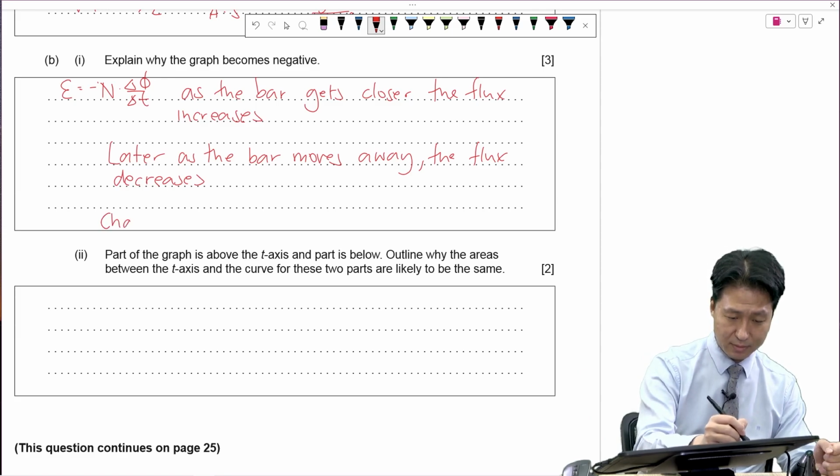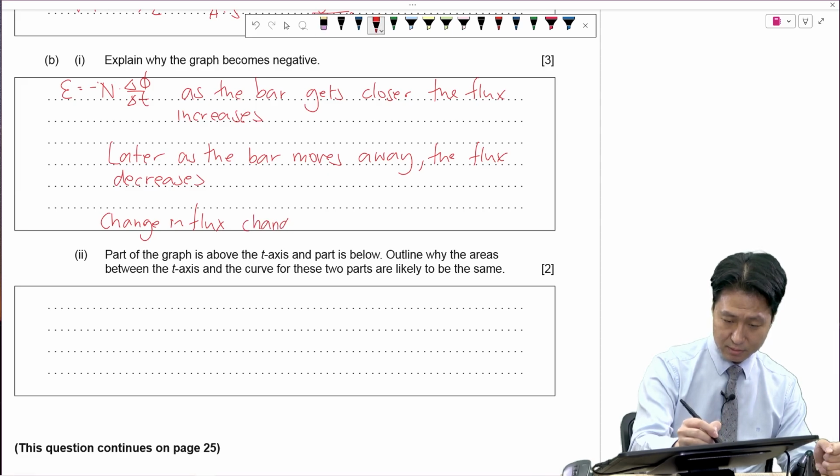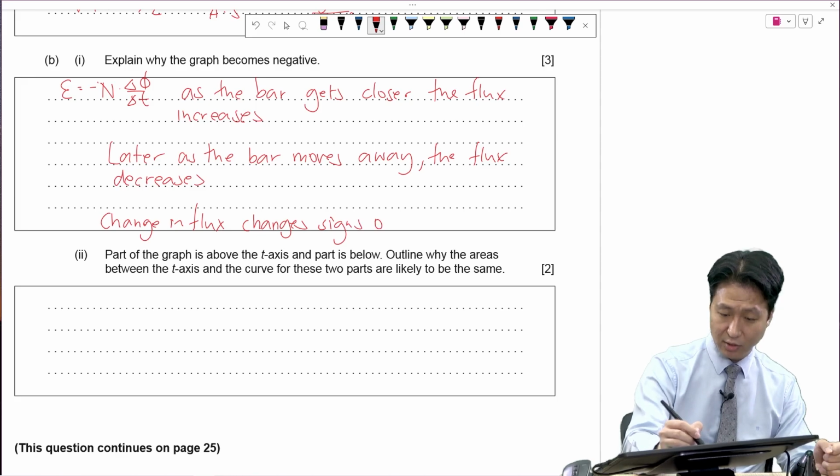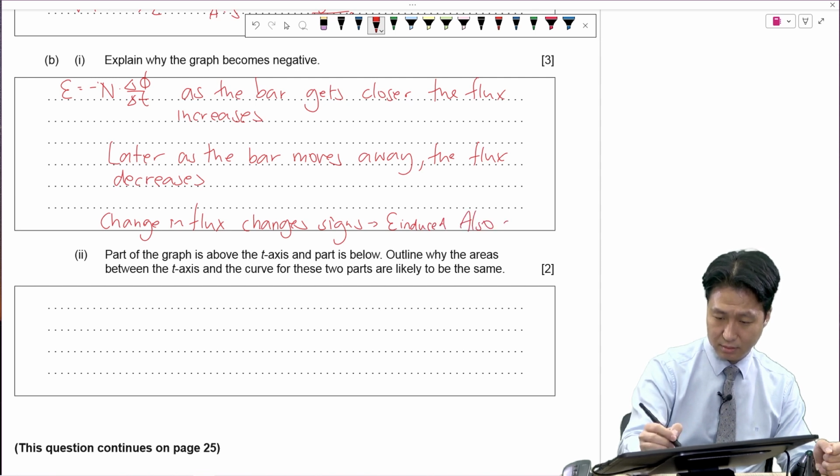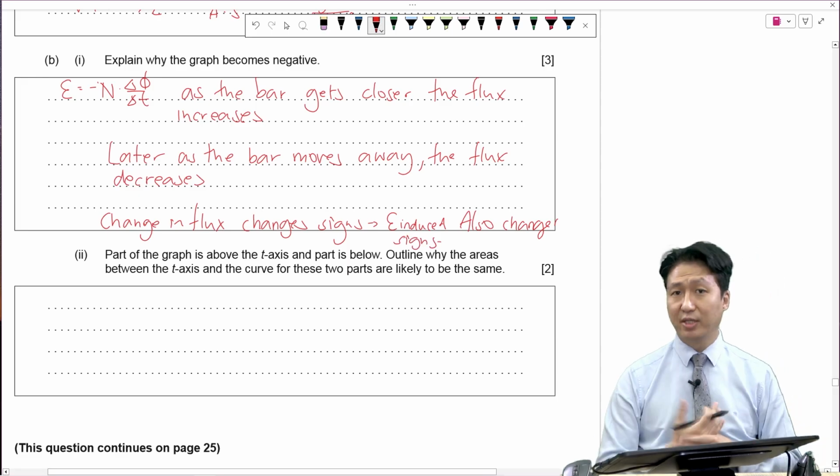So the change in flux changes signs. So the induced EMF also changes signs. What does this mean?